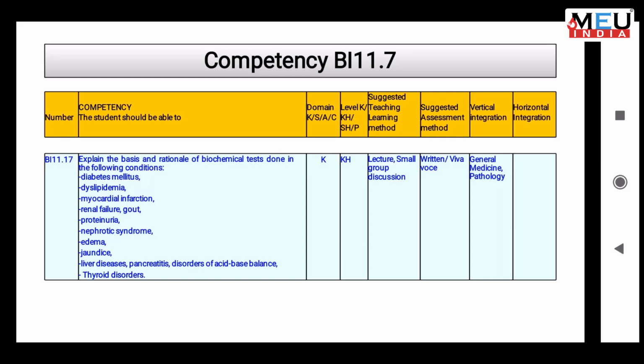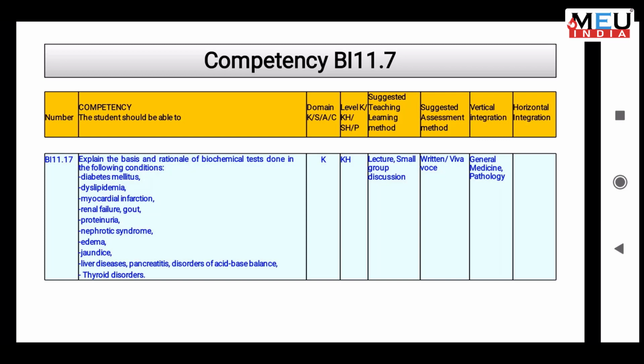So our competency for today is BI 11.7, which says: explain the basis and rationale of biochemical tests done in the following conditions: diabetes, dyslipidemia, myocardial infarction, renal failure, gout, proteinuria, nephrotic syndrome, edema, jaundice, liver diseases, pancreatitis, disorders of acid-base balance, and thyroid disorders.